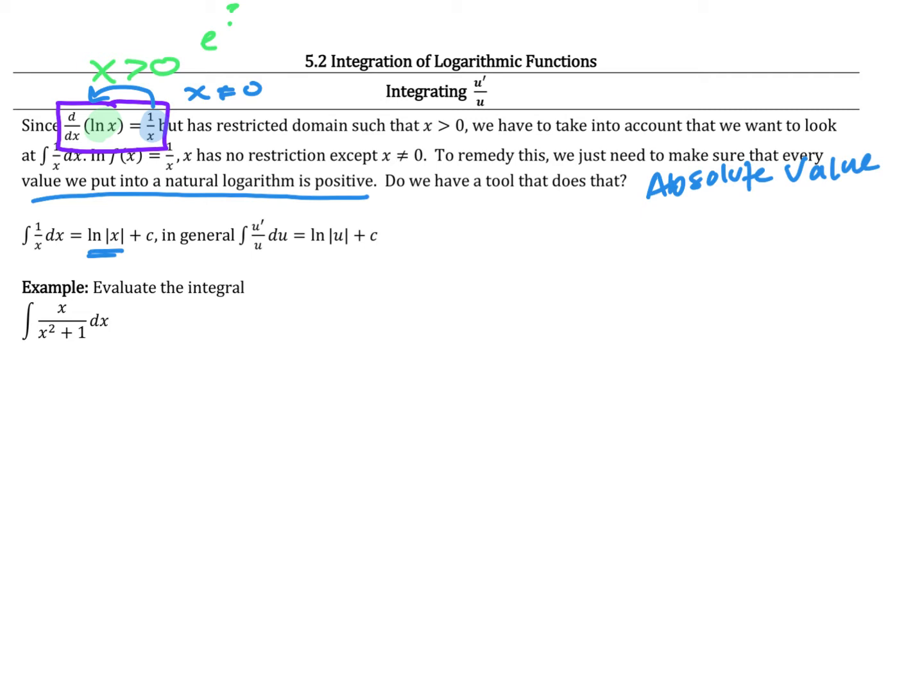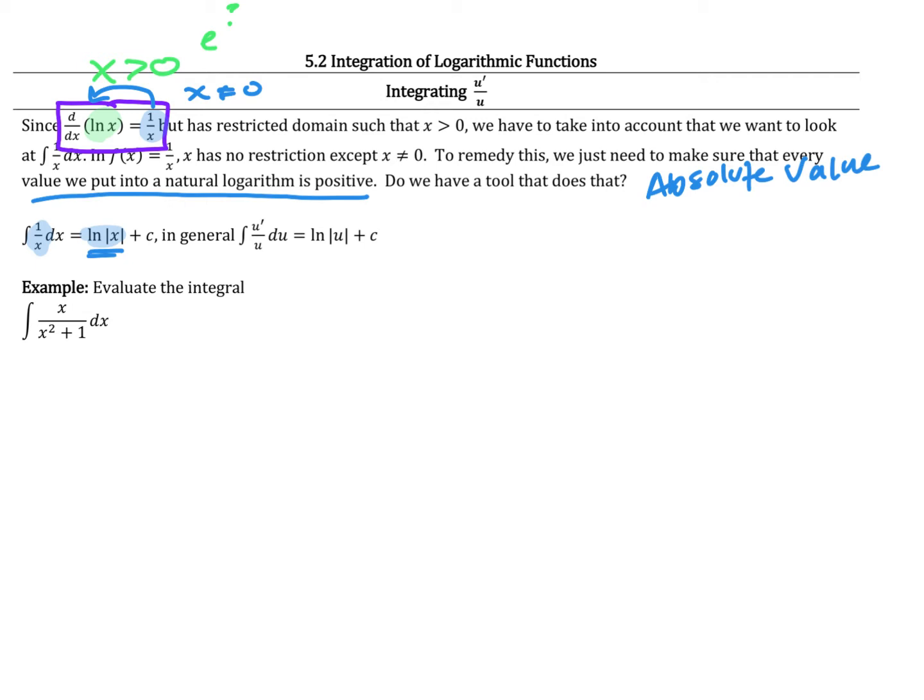When we take an integral, we're asking ourselves, this is the derivative of what function? We're finding the antiderivative. We're undoing the derivative. Well, this is the antiderivative of natural log, but to make sure we have the same domain, we put natural log of the absolute value of x.